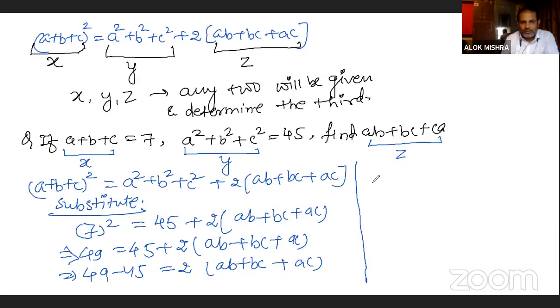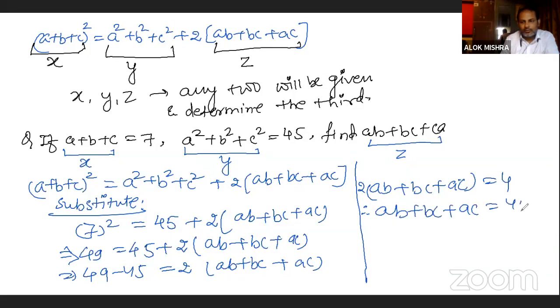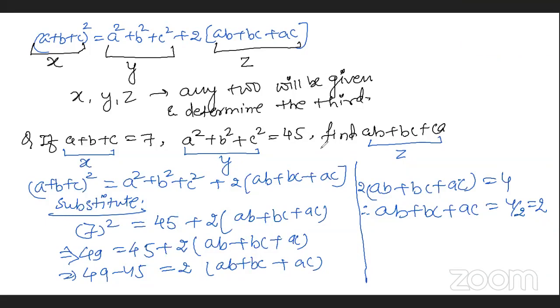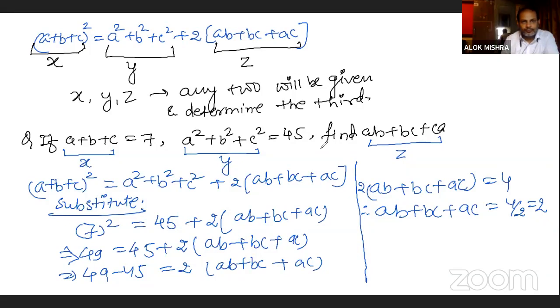Therefore, 2 times (ab plus bc plus ac) is equal to 4. Therefore, ab plus bc plus ac is equal to 4 divided by 2, which is equal to 2. So this is the way we have to proceed with the question.